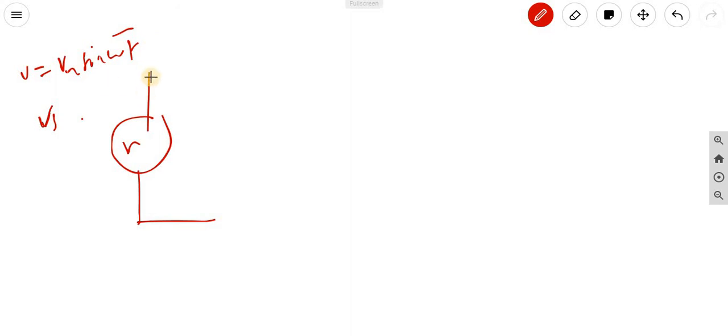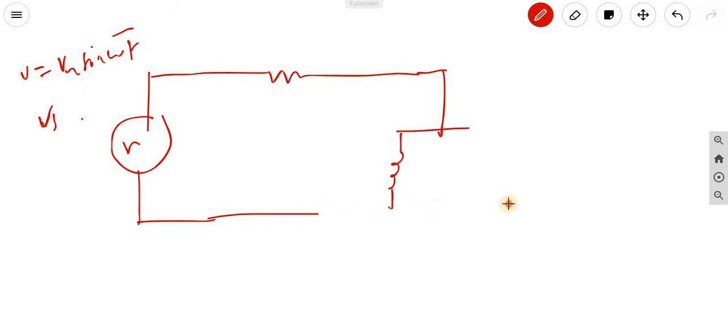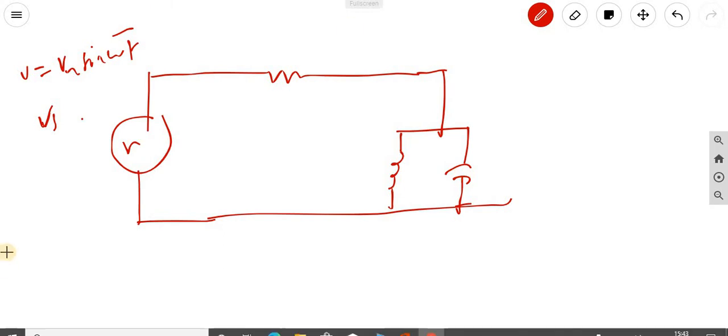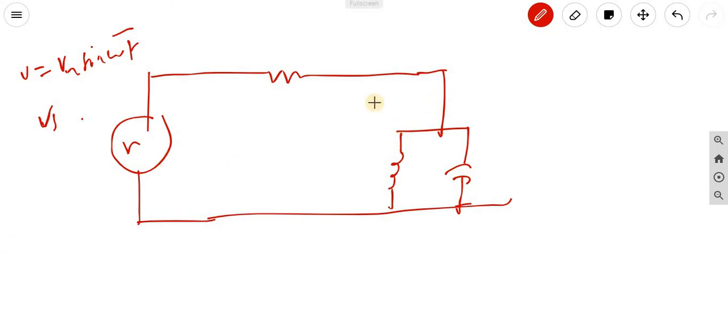So if you take this element R, and the other elements, the inductor and here the capacitor. Before going to present the phasor diagram, first we have to think about what elements we will be getting from here and what equations we will be getting.